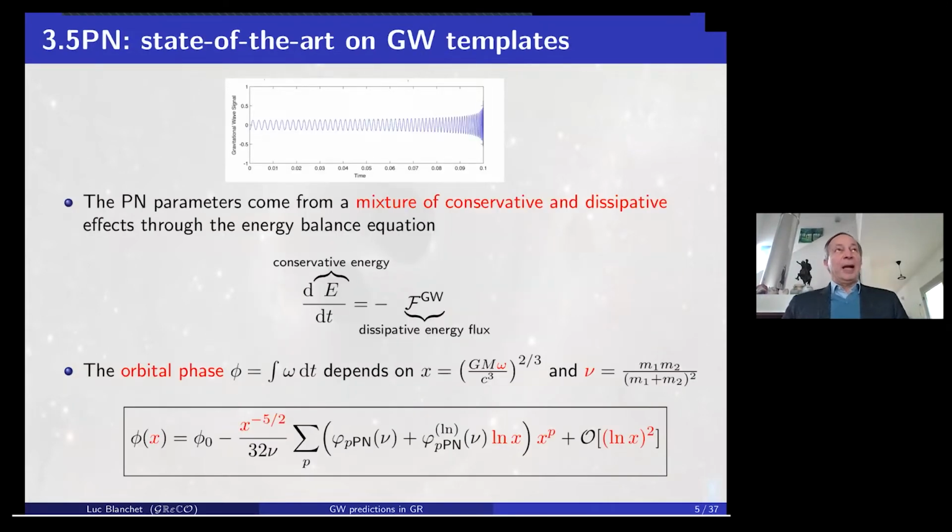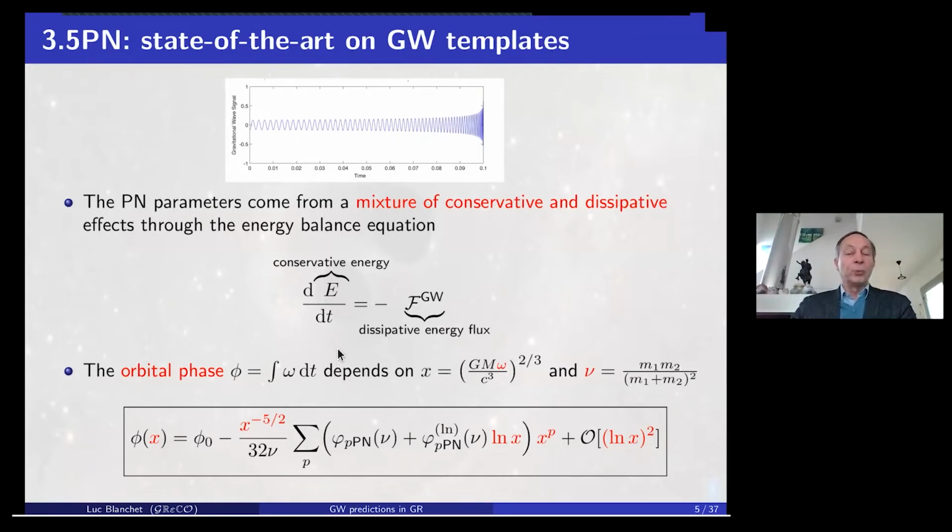In the in-spiral phase, let's start by discussing only the basic post-Newtonian approximation. 3.5 post-Newtonian, beyond the Einstein quadrupole formula, is the state of the art. You compute, exactly like for the binary pulsar, the post-Newtonian parameters using the flux balance equation.